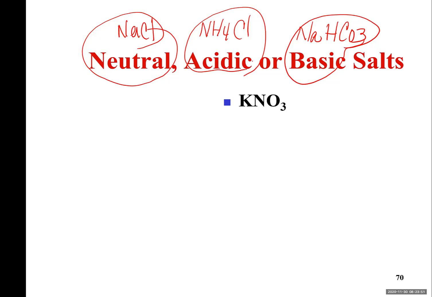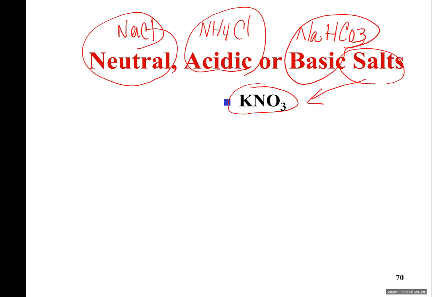For example, I want to look at potassium nitrate. Potassium nitrate, is this acidic, basic, or neutral? So guys, do you remember that when acid and bases react together, they make salt and water? So can I say this is a salt, the product of acid and base reacting together?